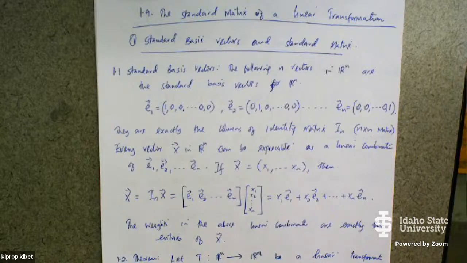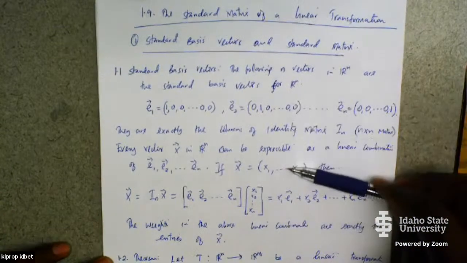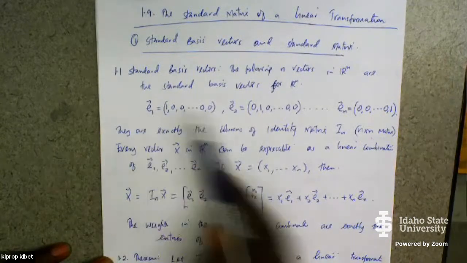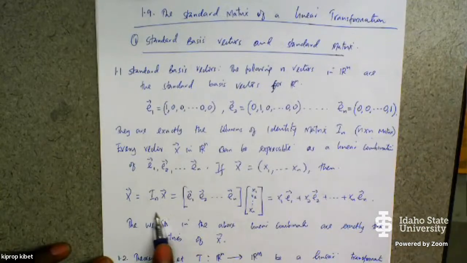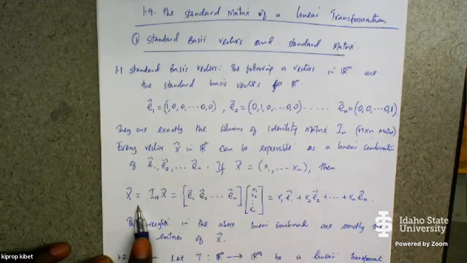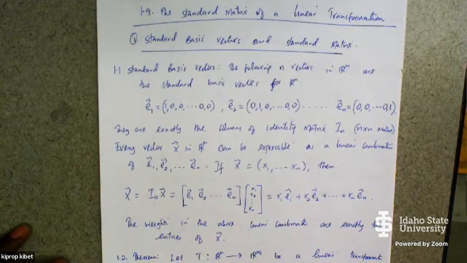Okay, let's see how we will. I want us to go back to 1.9, which I think we did, but we did not finish it. Basically what we had just done is the standard basic vectors, which are E1, E2, E3, and when you put them in a matrix form, it forms the identity matrix.